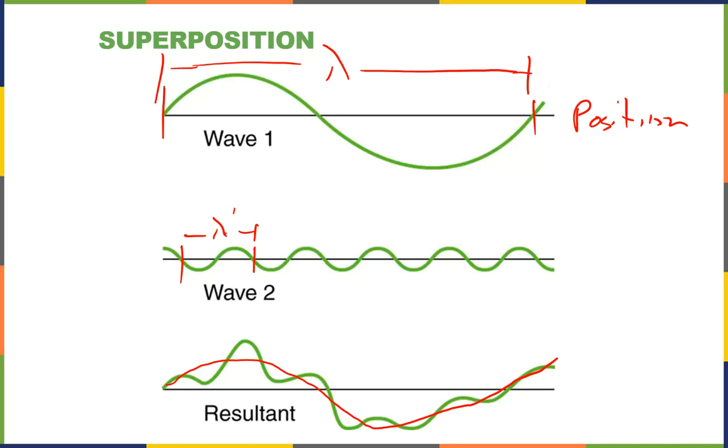The top one with the small one oscillating about it. So you can see that they're just added up. So that's called superposition. When two waves pass through each other or meet, they simply add up.